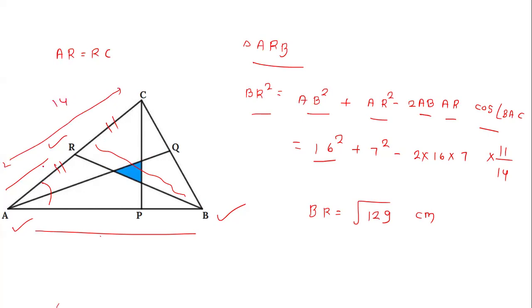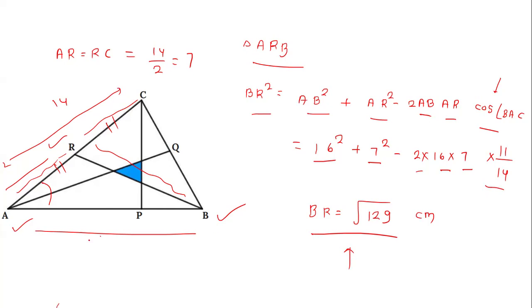So it will become 14 by 2, and both R will become 7. So this AR will be 7, this RC is also 7. It is given in the problem. So AR we put as 7, so it is 2, 16 and 7, and we calculated the cos of angle BAC. It will come 11 by 14. So from here you can find out this BR length. It will come root of 129.